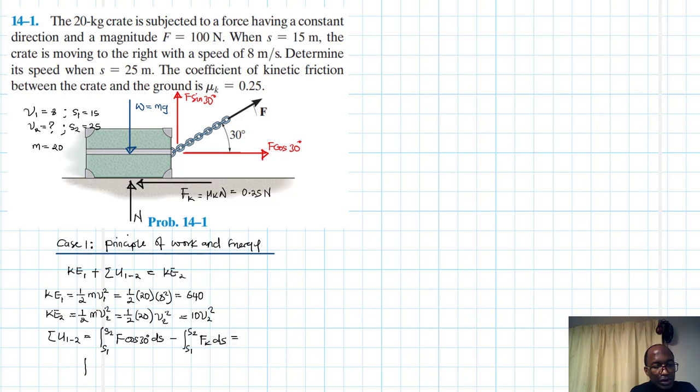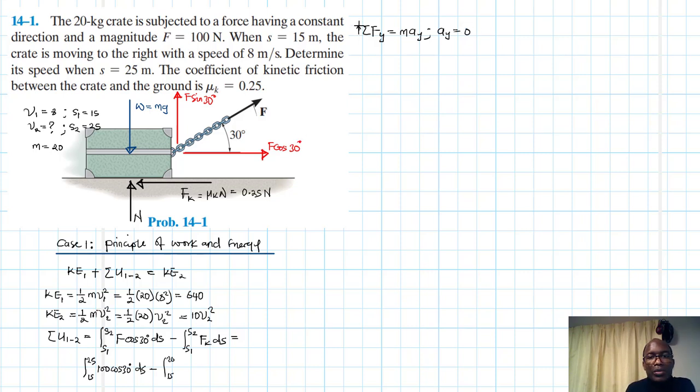So this is equal to the integral from 15 to 25 of 100 cos 30 minus the integral of fk. Let's find fk. Summation of forces in the y equal to may, but we know our ay is equal to 0.